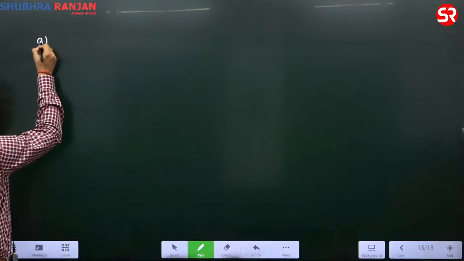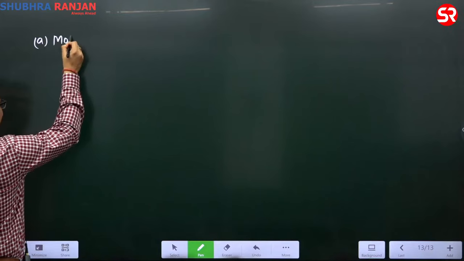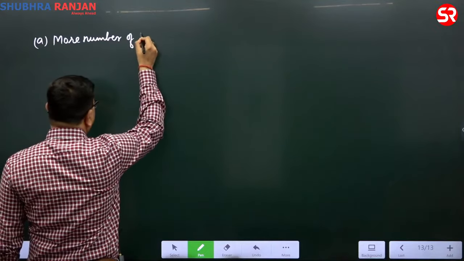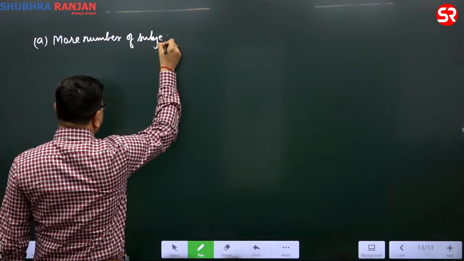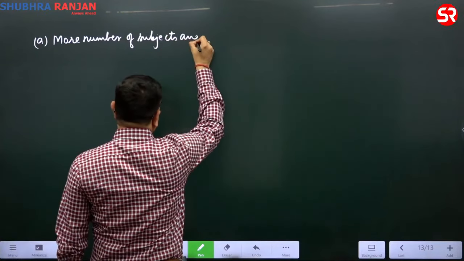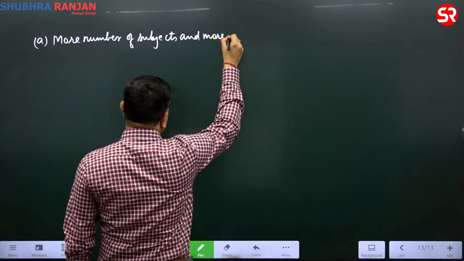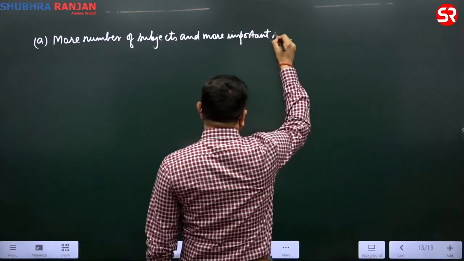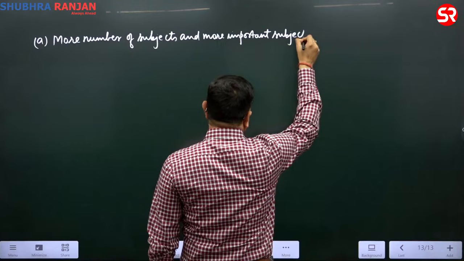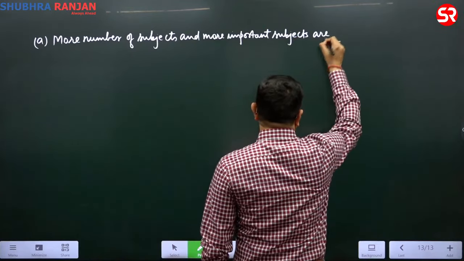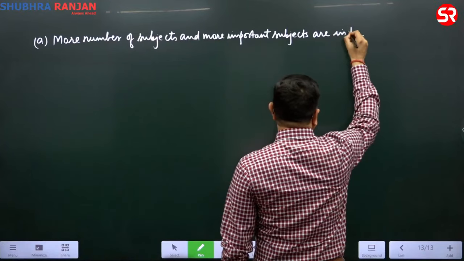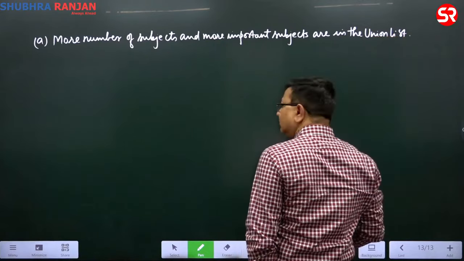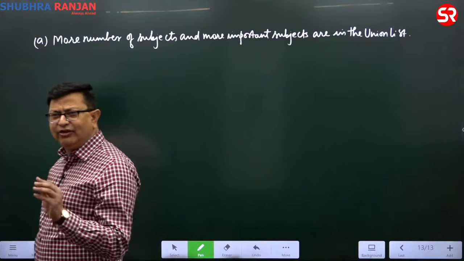First, more number of subjects and more important subjects are in the union list. You name any important subject and you will find it in the union list.